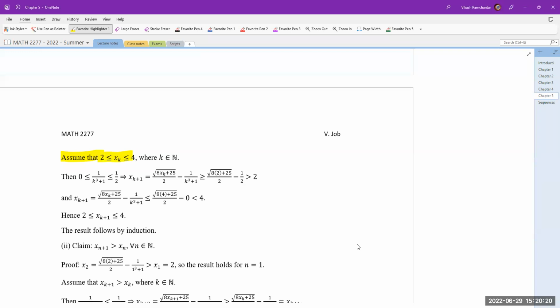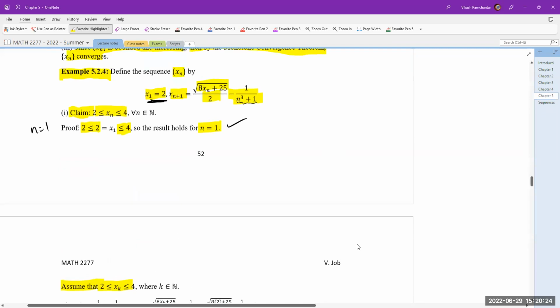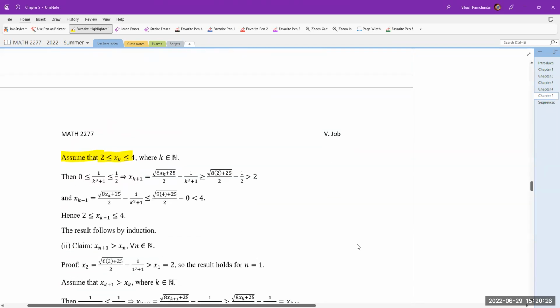Then we assume that it's true for some k. And now what we want to do is show that it holds for k plus 1. We could write out x_{k+1}, which is given to us by the formula.